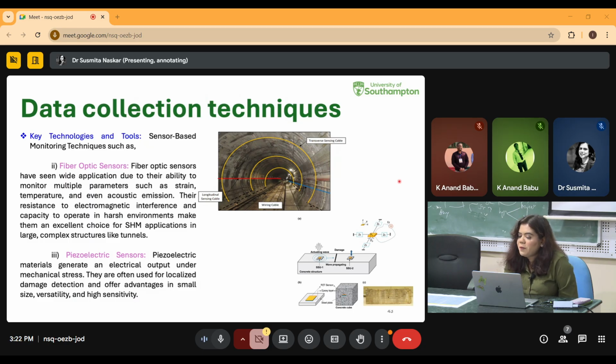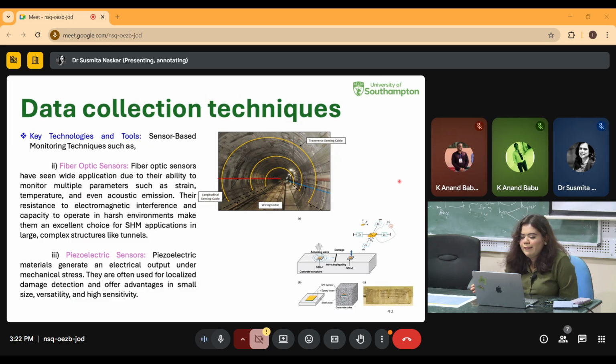When there are a lot of temperature changes, you can see that PZT is a little brittle in that case, but in those particular cases, we use fiber optic sensors quite a lot. And as I said, they resist electromagnetic interference, and for large scale, they can also function in complex structures like tunnels.